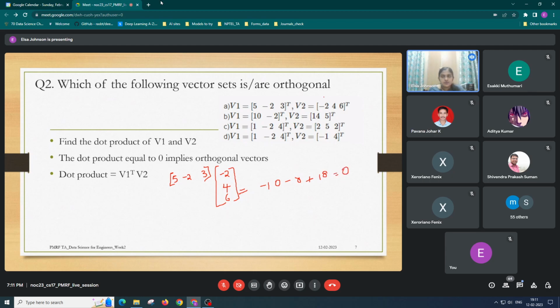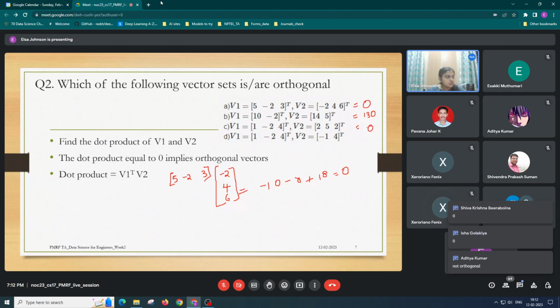So the first one we are getting the value as 0. Then the second one, can you tell me what answer you are getting? Yes, 130. Yes, that's right. The second one is not orthogonal. Then the fourth one.